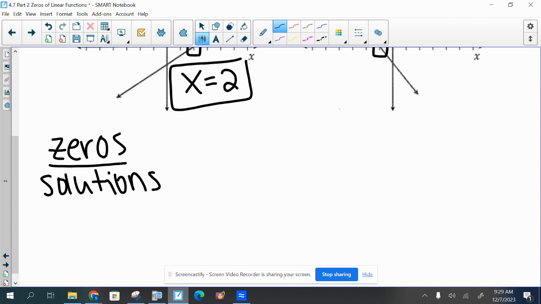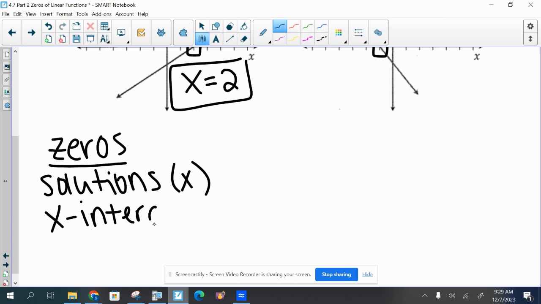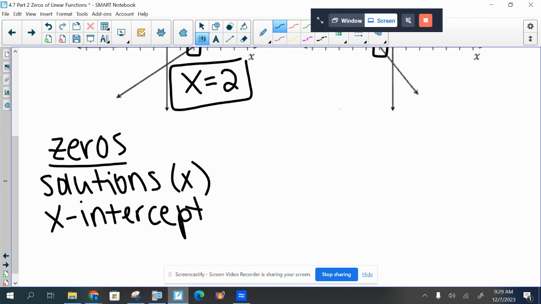So you set it equal to 0 and solve for x. So solutions, I mean the x solutions. And the other term would be x-intercept. It means the same thing as finding the zero. And the last one is roots. Roots is another term used interchangeably with these three terms. It just means finding the zero or finding the x-intercept.